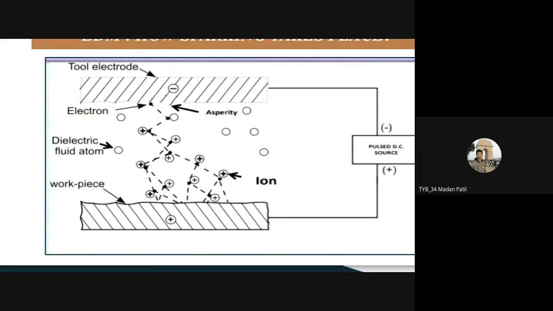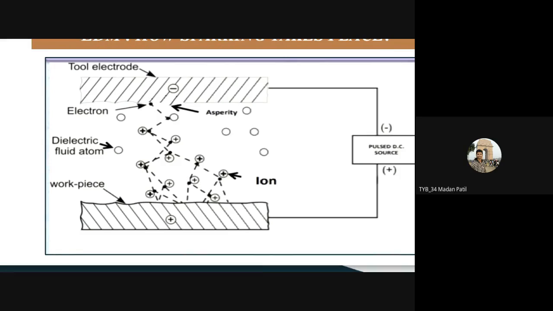You know that term craters now: the small fine particles which are removed from the workpiece surface. Those craters will spread over the entire surface of the workpiece, due to the spark energy, melting and vaporization.